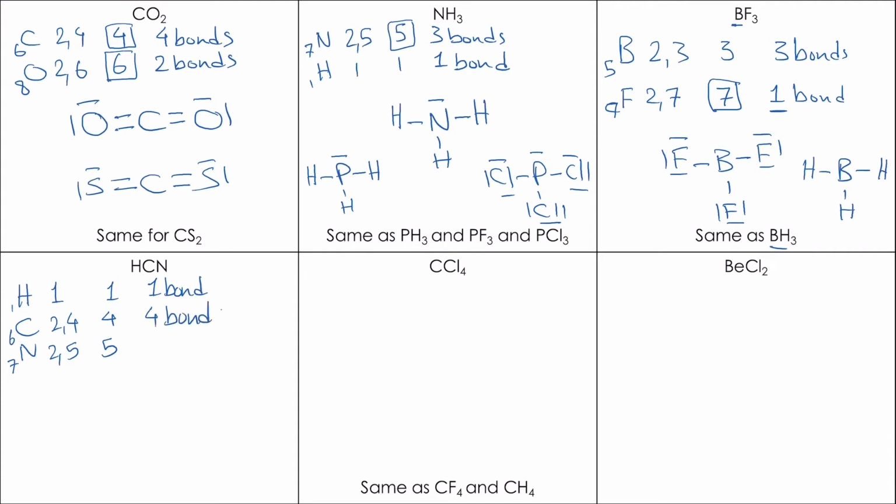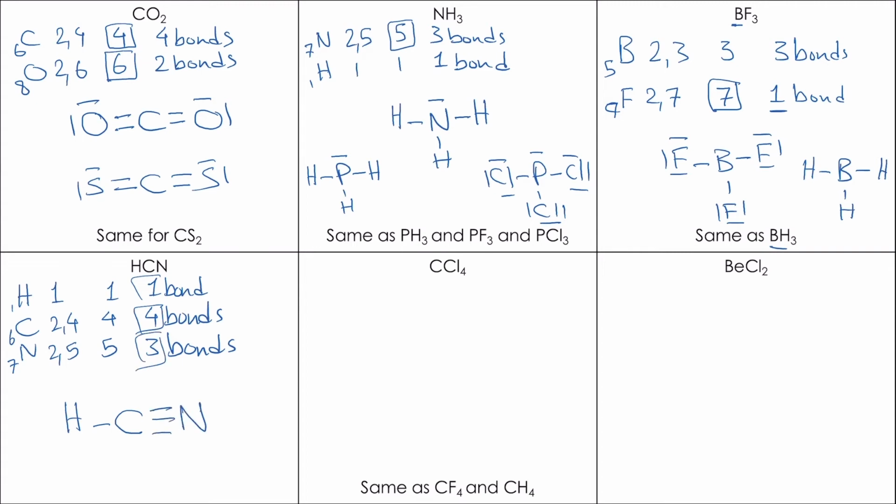Here we have 3 bonds. For some students, it might be confusing which one should be the central atom, the atom that would make the most bonds. Which one? Of course, carbon, because it can make 4 bonds. So I have to draw carbon first. It has to make 4 bonds. Hydrogen would make only 1 bond, so 1 with hydrogen, and 3 with nitrogen.